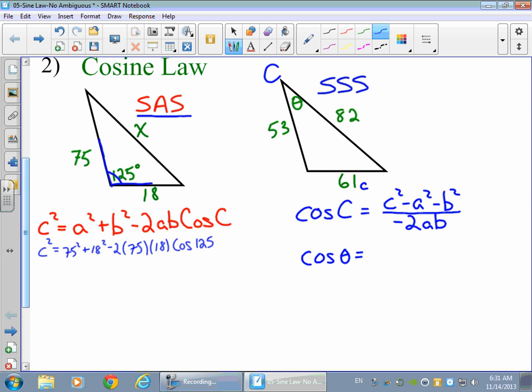The C has to be the 61, and then the other two can be in whichever order you choose. And depending on which angle you're looking for, you choose your different C. So if I were looking for alpha here, then 82 becomes my C. If I'm looking for beta over here, then 53 becomes my C value.